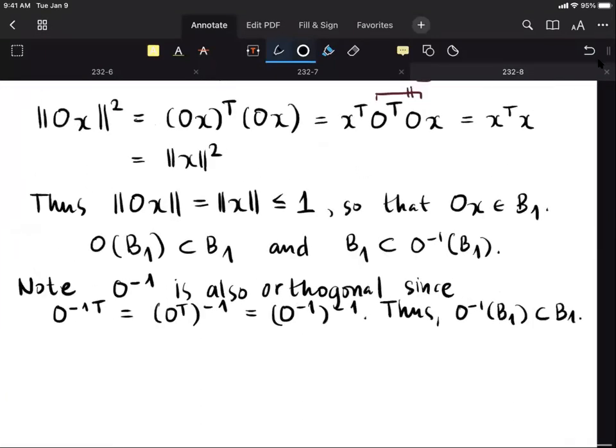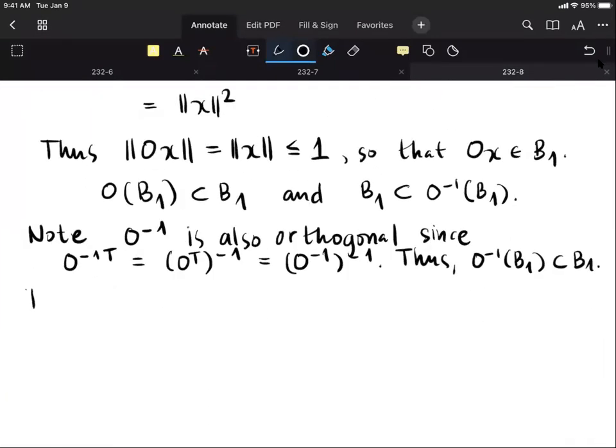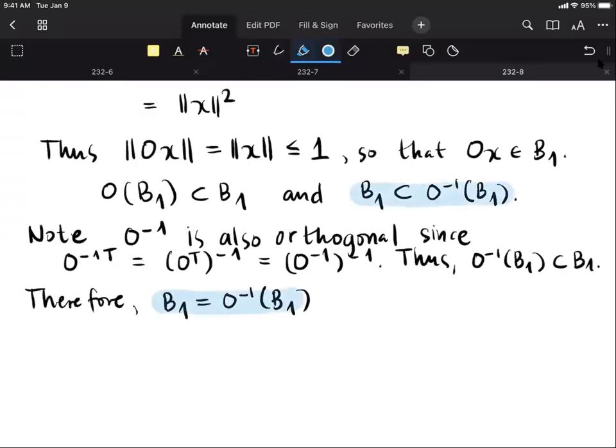And from this, we now conclude that B sub 1 is equal to O inverse B1, according to these two inclusions.